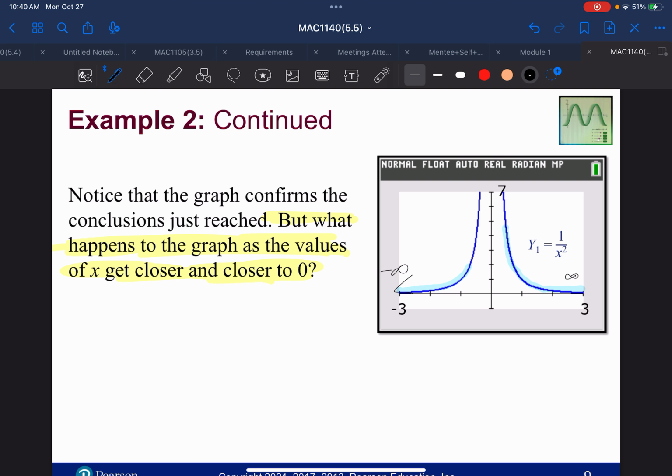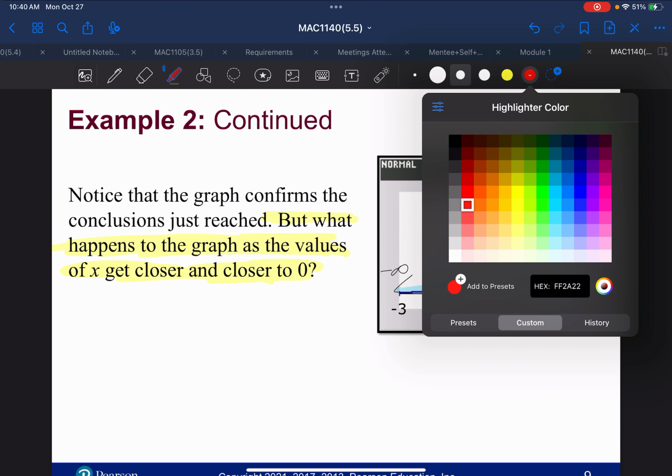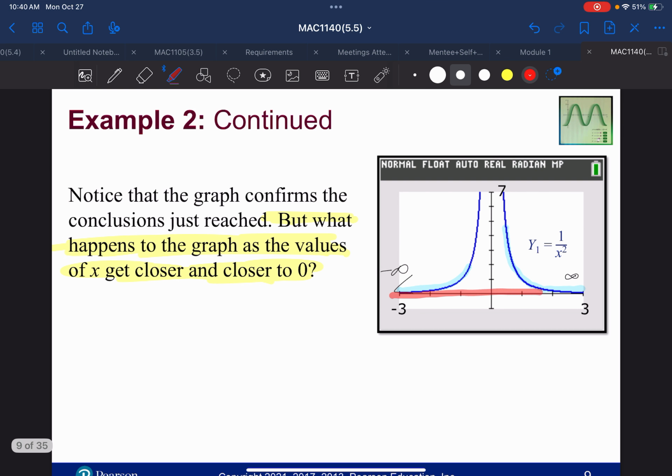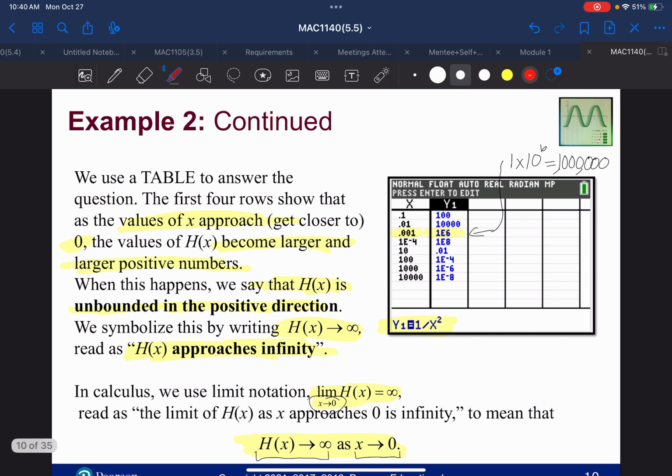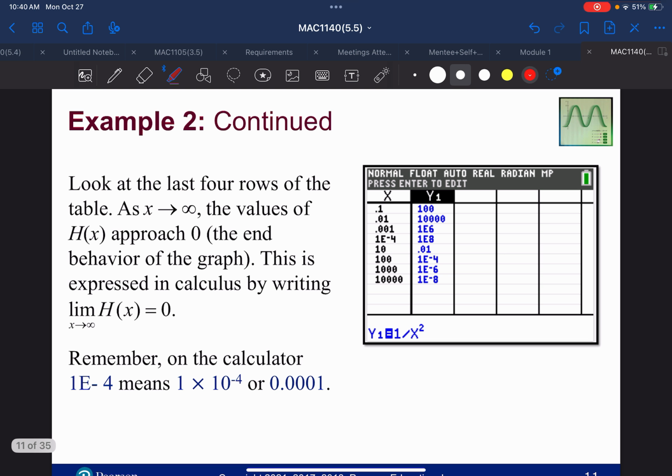And in that graph, it looks like it's just stopping at y equals 0 here. It'll never cross that, which we've already shown because it doesn't have an x-intercept.